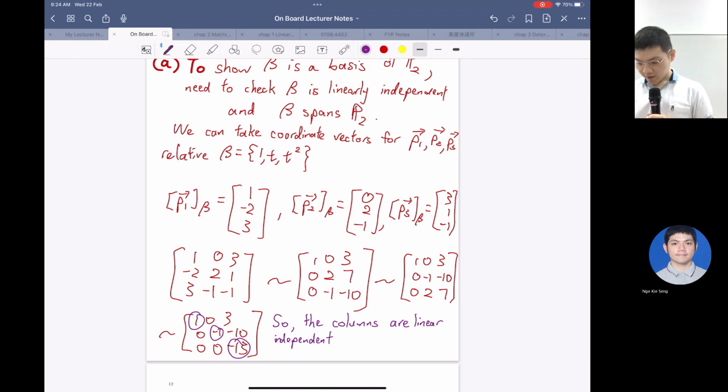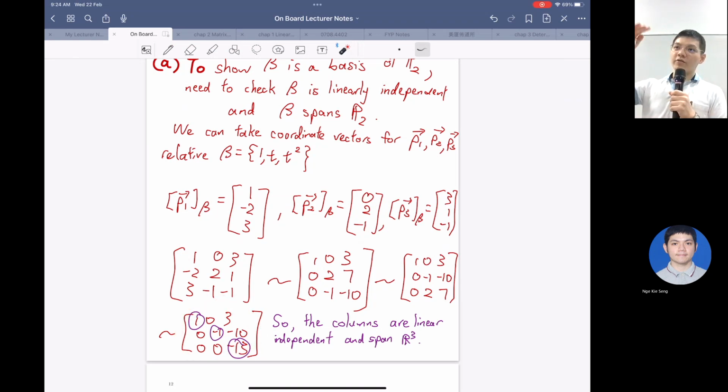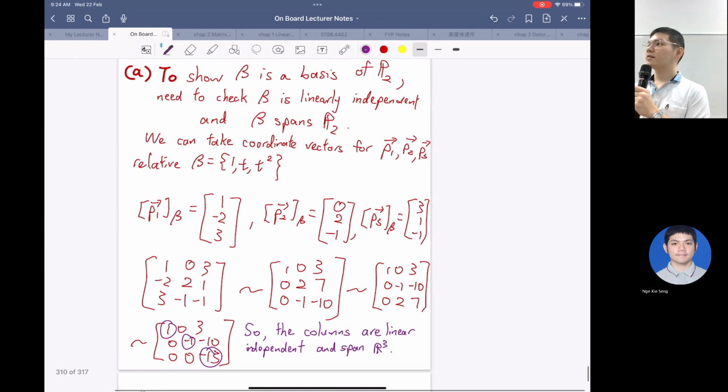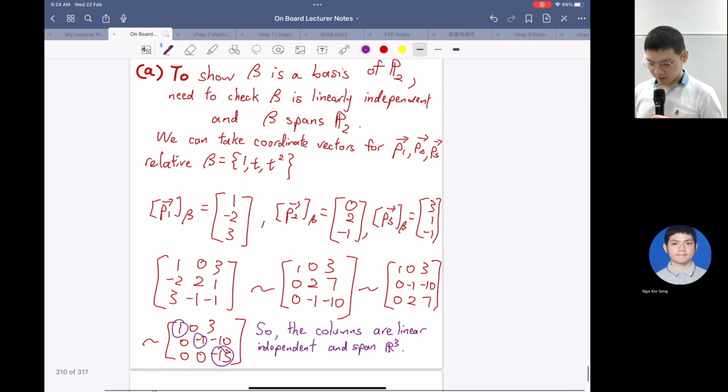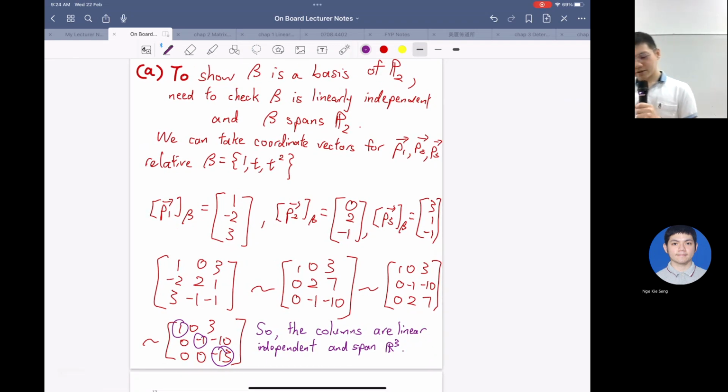And they also span R3, because every row has a pivot and every column has a pivot. So far okay.